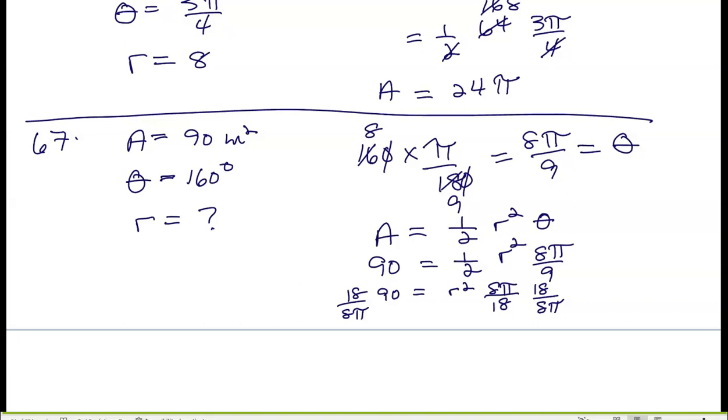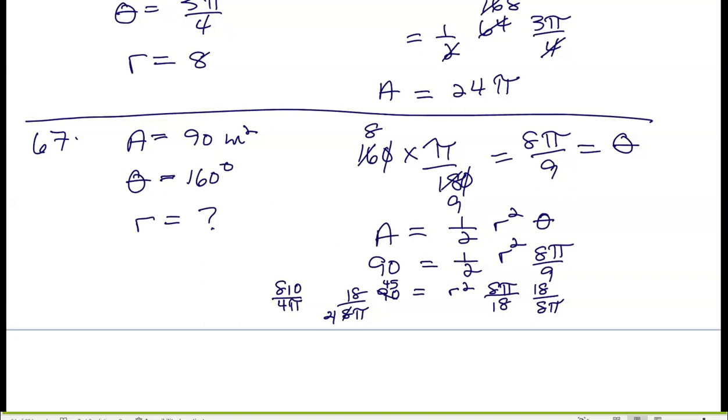So if I say 18 times 90 divided by 8, I'm going to have to play around with this. 2 goes into 8 4 times. 2 goes into 80 45 times. What is 45 times 18? And that's 810. So this is 810 over 4 pi.